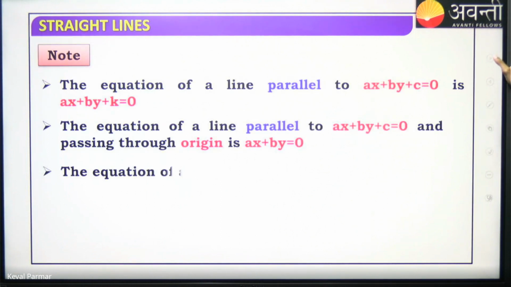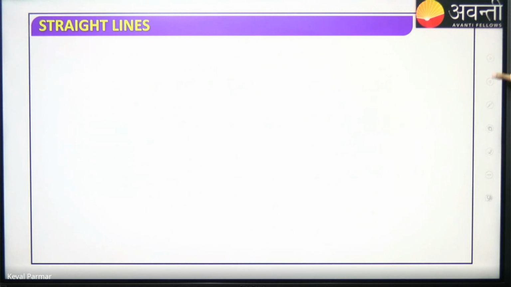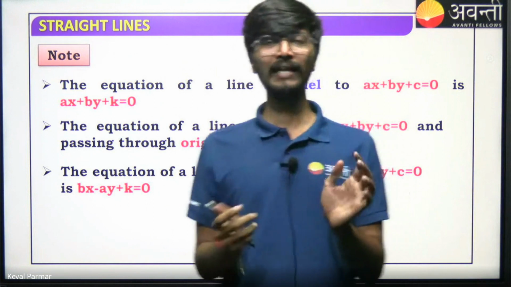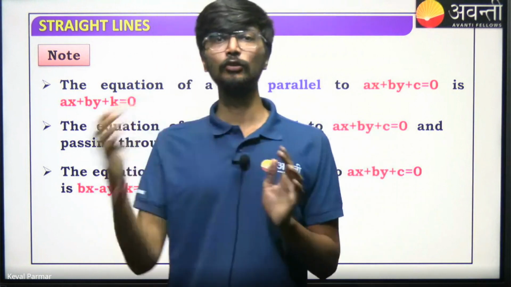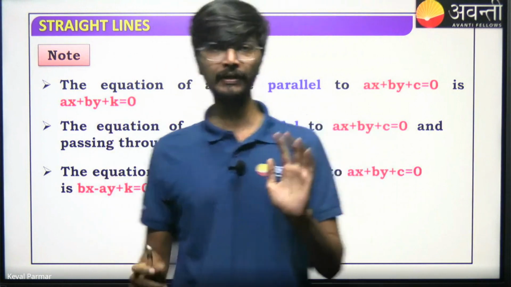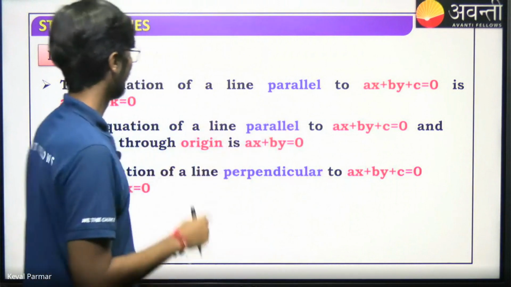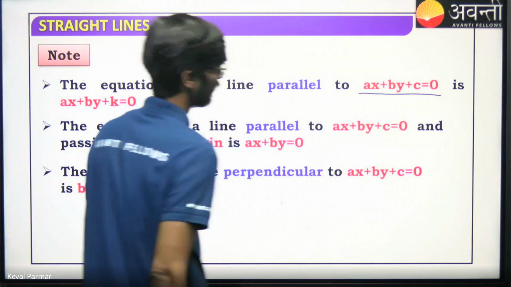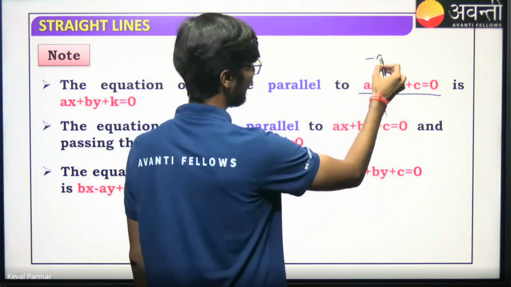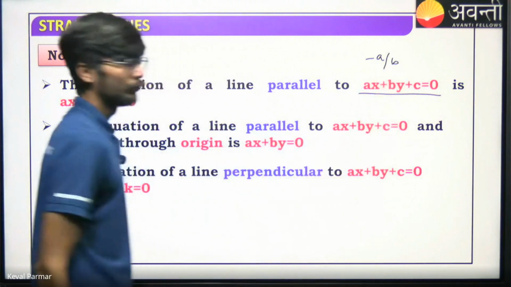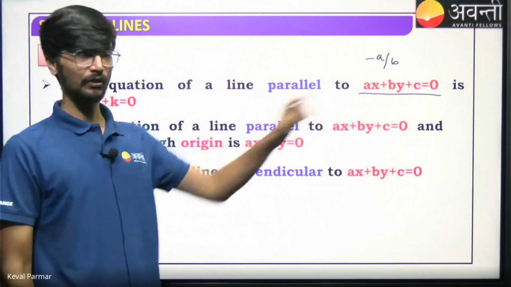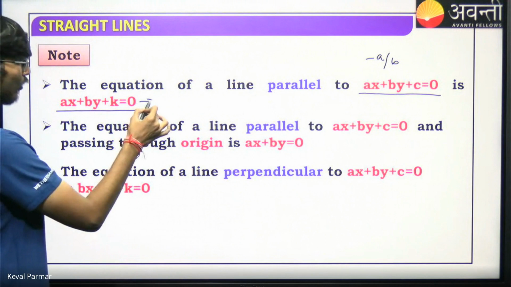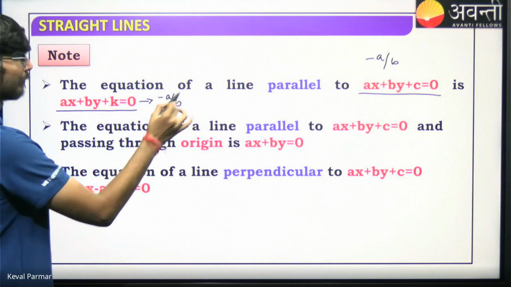This is a very important point. If two lines are parallel, we know that their slopes will be equal. Correct, guys? So let's say I want to find the equation of a line parallel to this line. What is the slope of this line? Minus a upon b. So the equation of the line parallel to this line can be written like this, because it also has the slope minus a upon b.